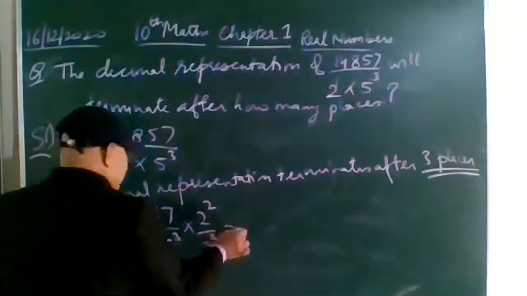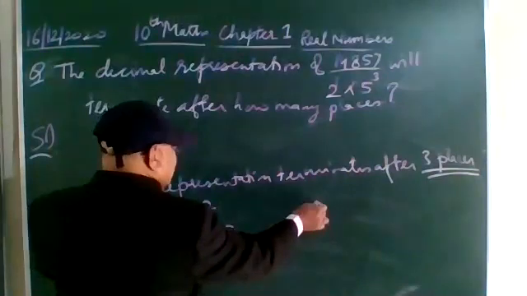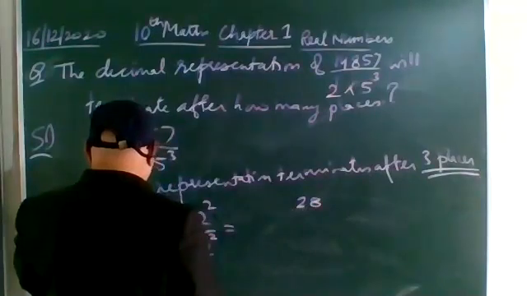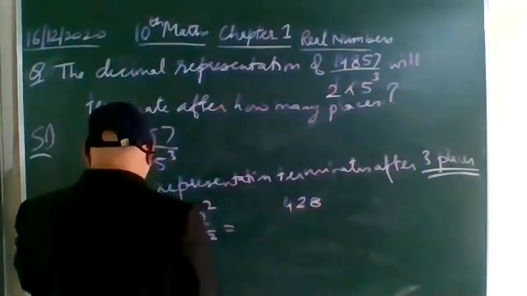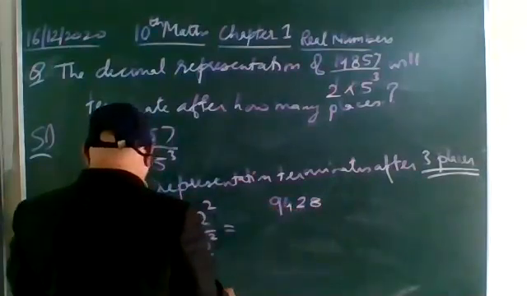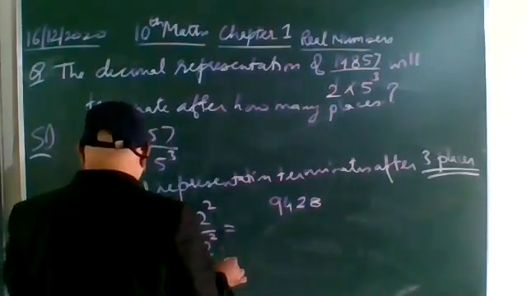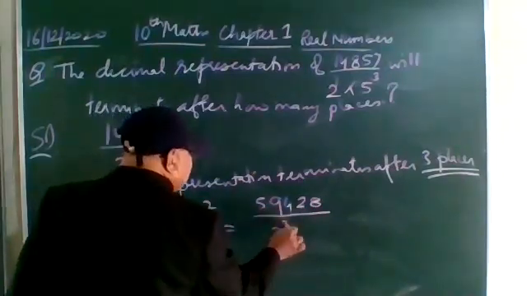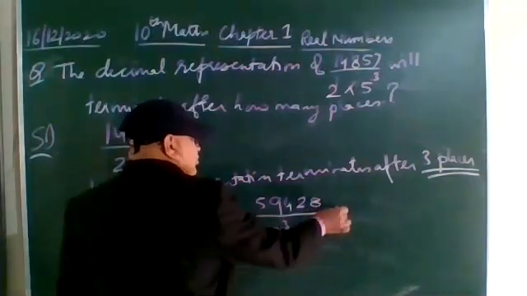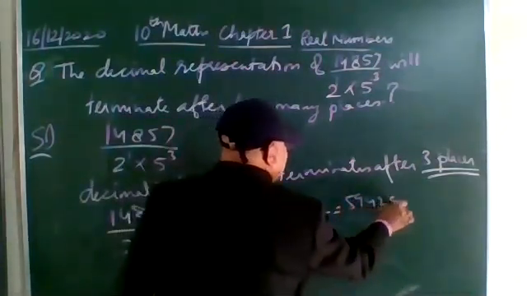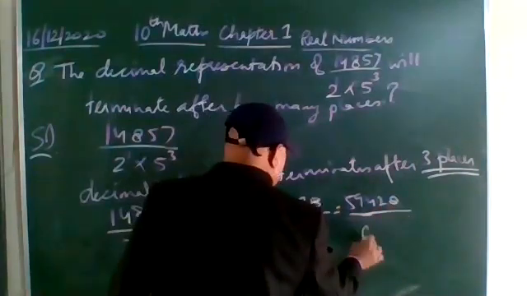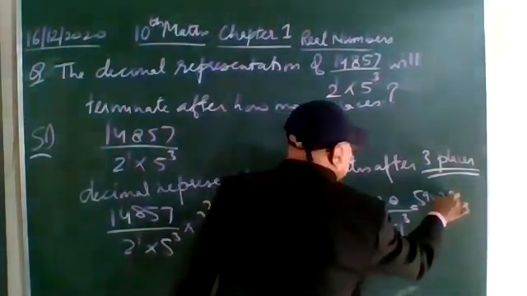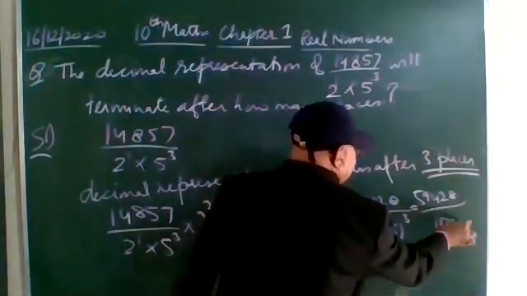So you will get 4 into 14857, which is 59428, over 2 to the power 3 into 5 to the power 3, that is 59428 upon 1000.